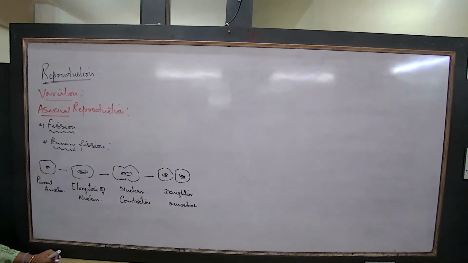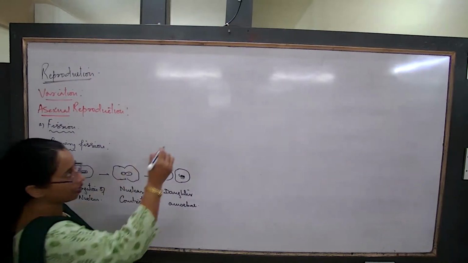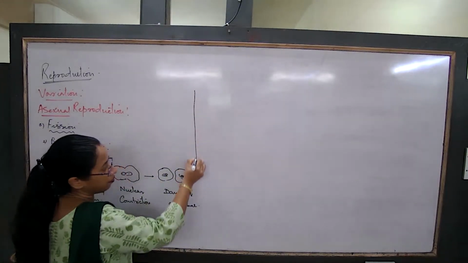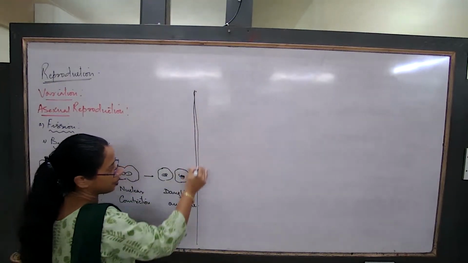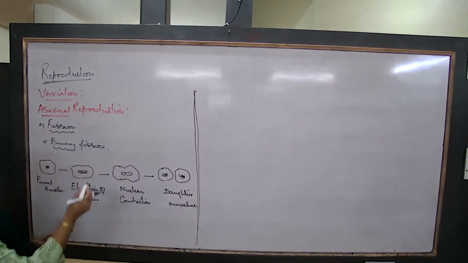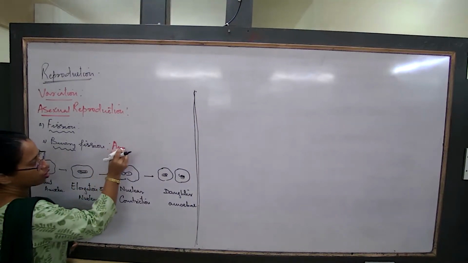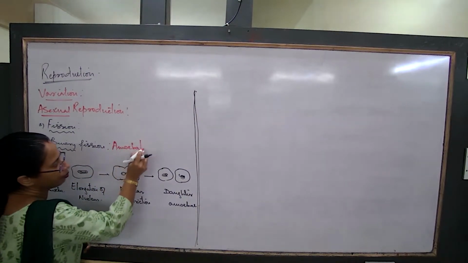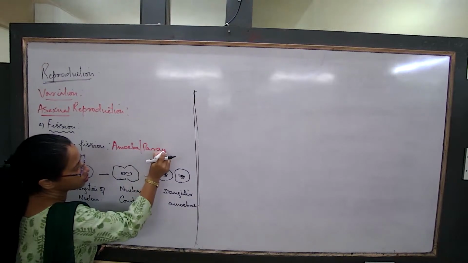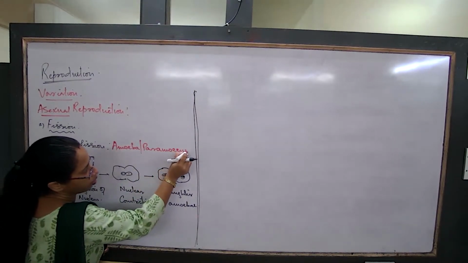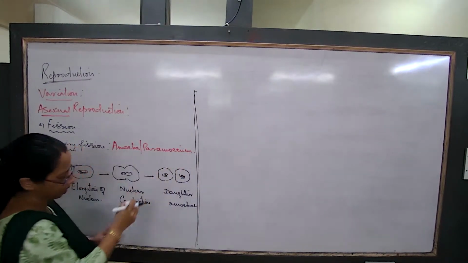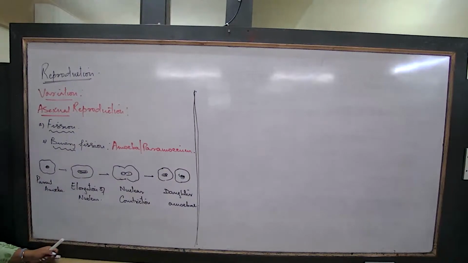This is called binary fission. But what is the contrast? When we are talking about fission, there is one more method. What type of organisms for binary fission? You may talk about organisms like amoeba, paramecium, euglena; all these different types of organisms are in this category.